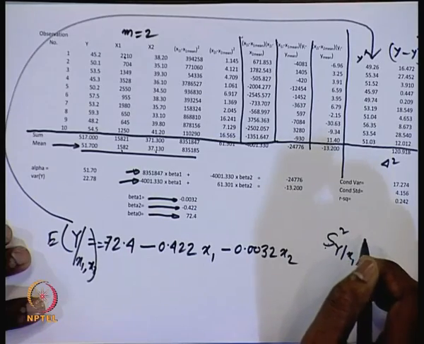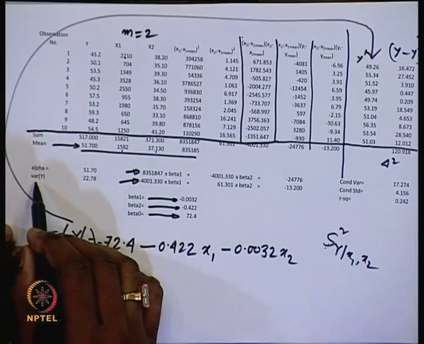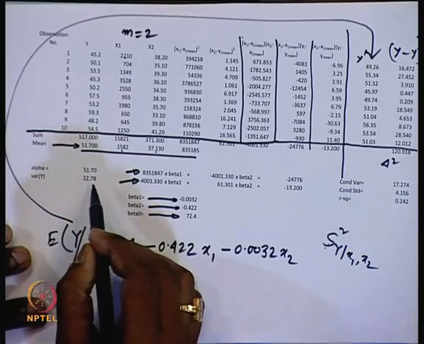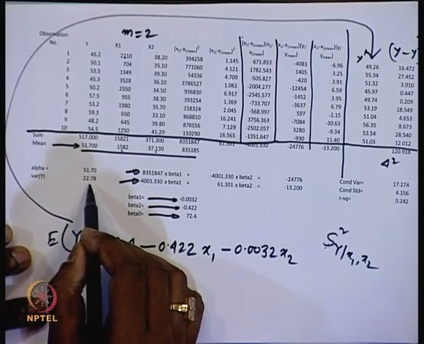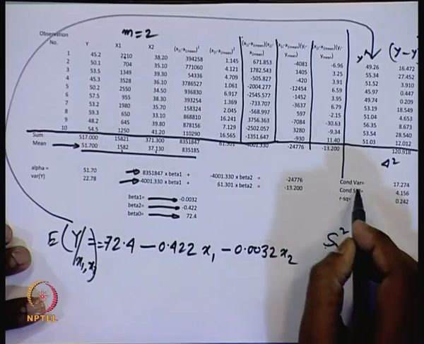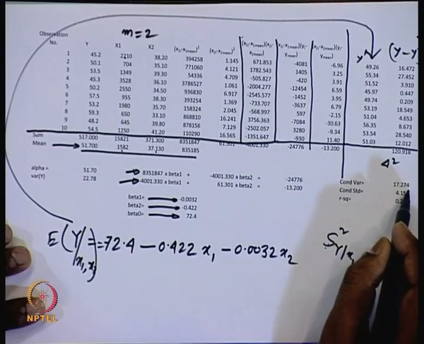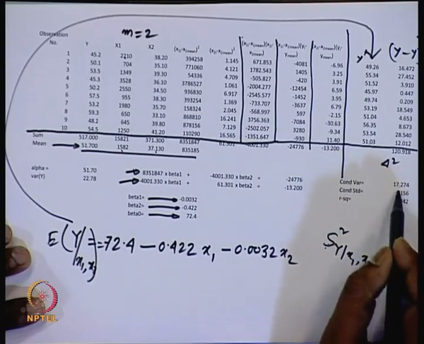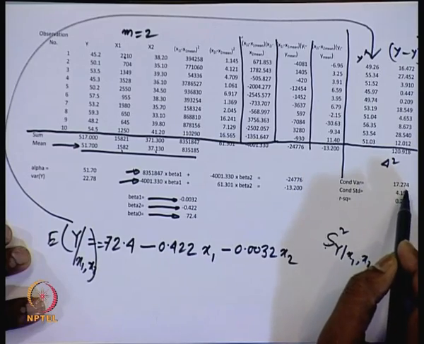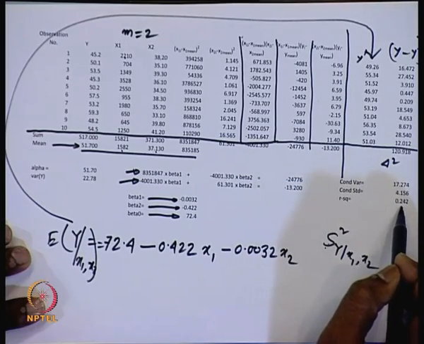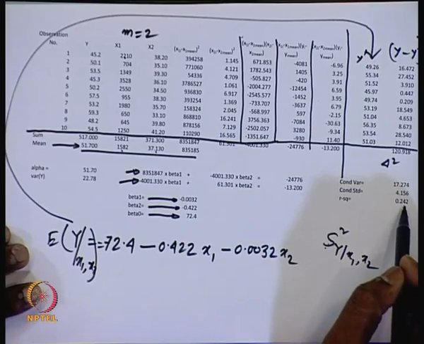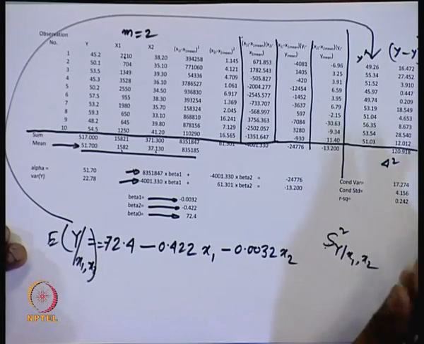So how much is this reduction? You can see that the variance of y, the unconditional variance, was 22.78 and the conditional variance is 17.274. So that r square is 24.2% reduction.